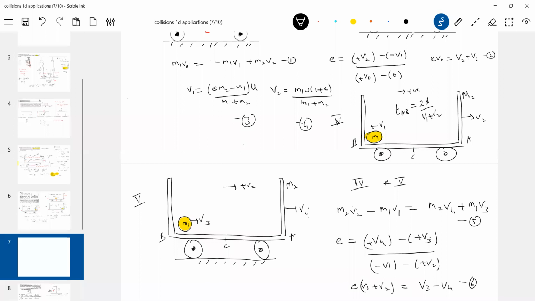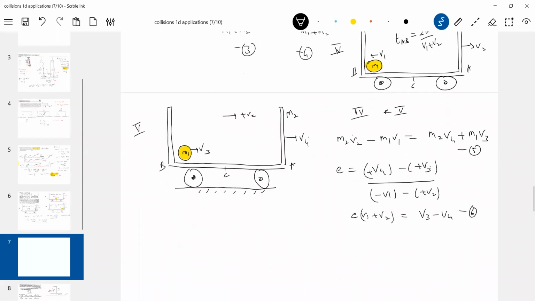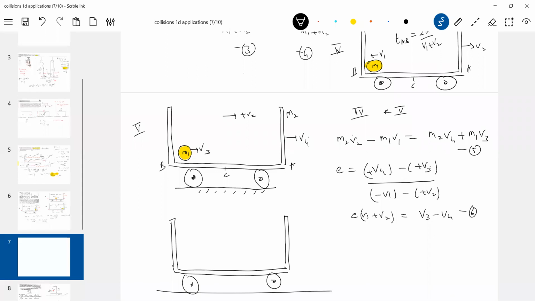Substituting V1, V2 there and getting V3, V4. Then what is the time taken? Again, the ball should come to the C. Actually, the trolley will undergo displacement. Since I don't have space, I'm just showing it here. You would have that imagination. The trolley is in motion.